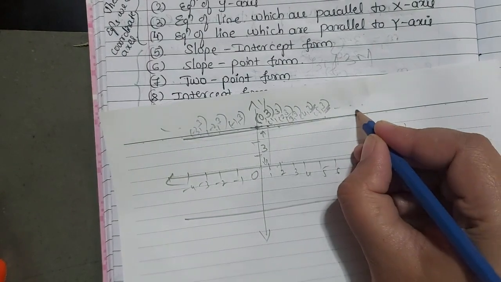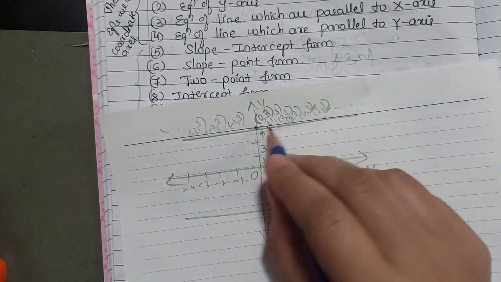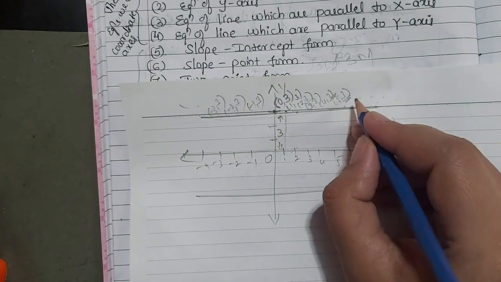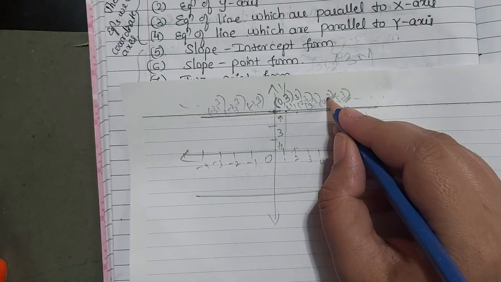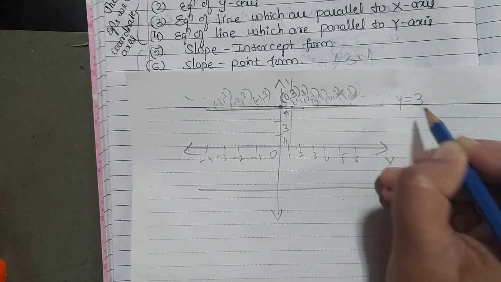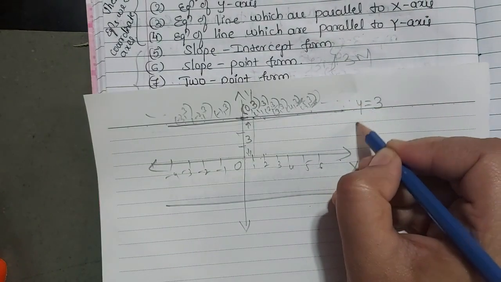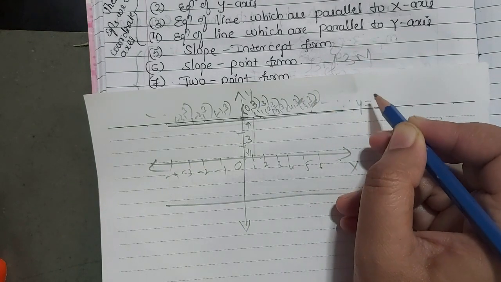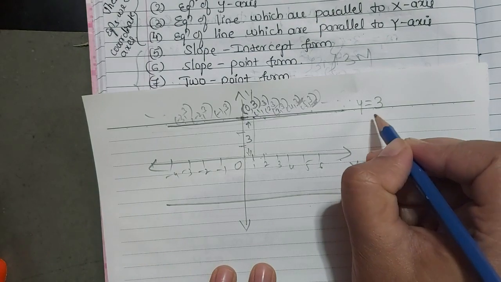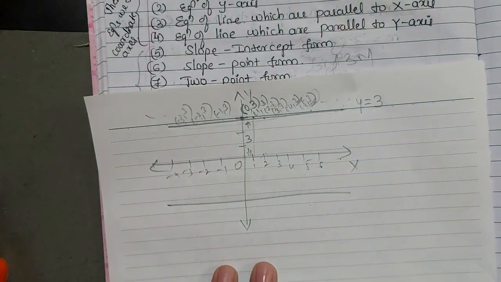Nothing but ಯಾವುದು ಕಂಡೀಷನು ಏನದರಿ, y coordinate of every point on this line is 3. Nothing but that condition represents the equation of a line parallel to x-axis, which is y is equal to 3.